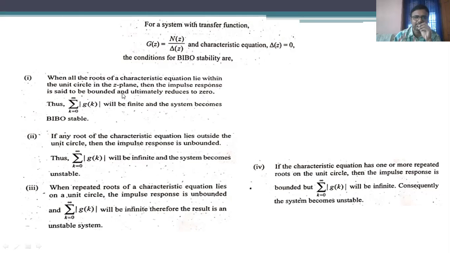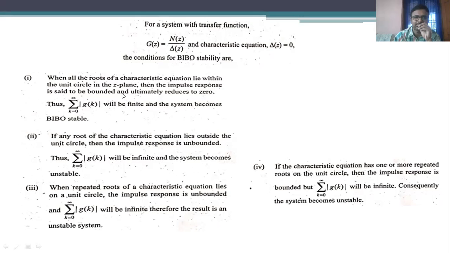And similarly, if the roots of the characteristic equation lie outside the unit circle, then that impulse response is called unbounded, and the system becomes unstable.